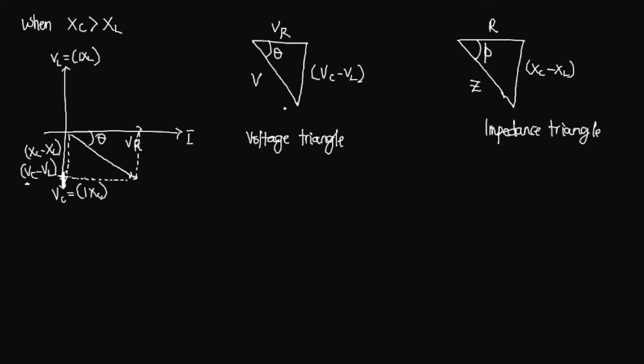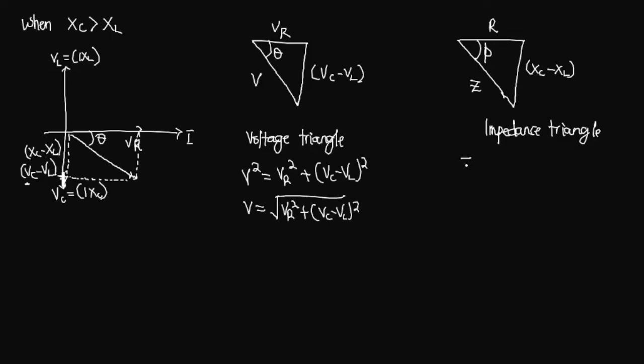Now from the voltage triangle, just like usual, we're going to have V squared equal to VR squared plus (VC minus VL) squared. So it means our V, or the applied voltage, is equal to the root of VR squared plus (VC minus VL) squared.